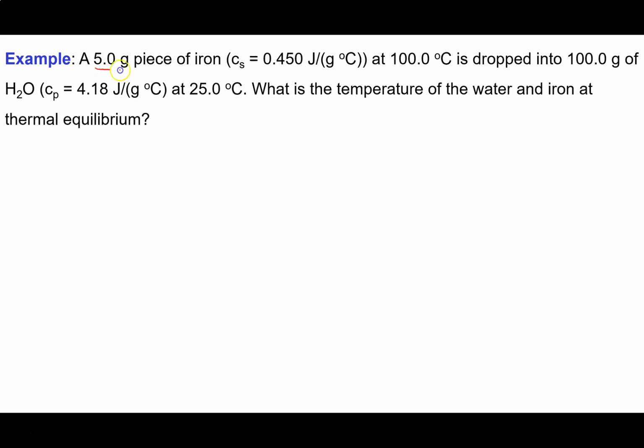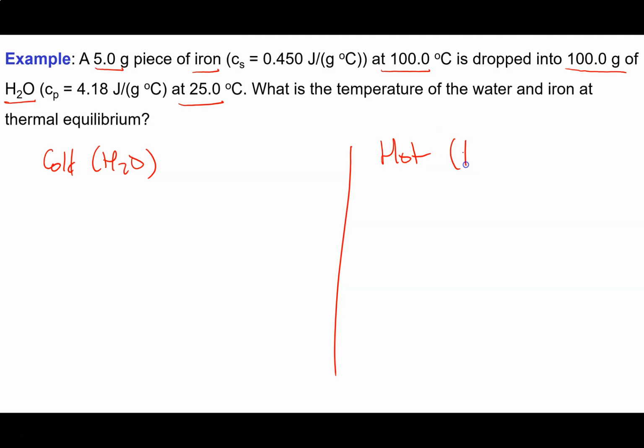Okay, so it says a 5-gram piece of iron at 100 degrees Celsius is dropped into 100 grams of water at 25 degrees Celsius. So what I know is that the cold object is the water, and the hot object is the iron.